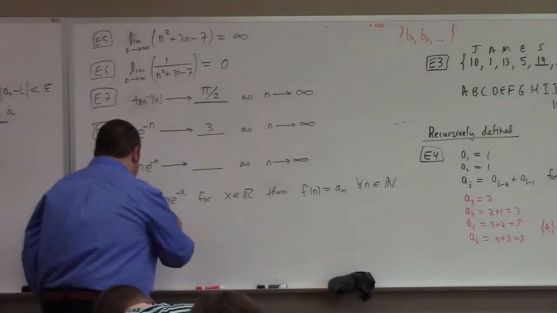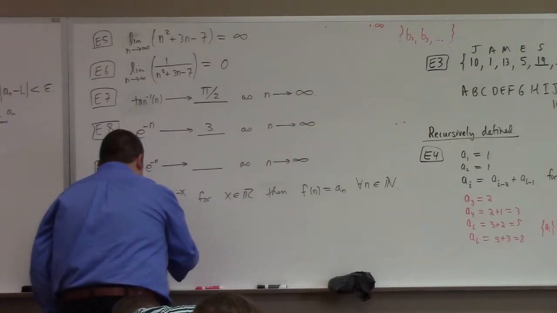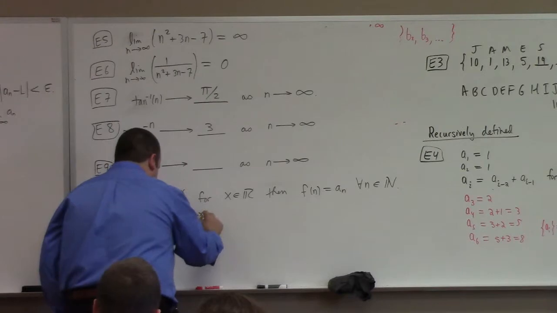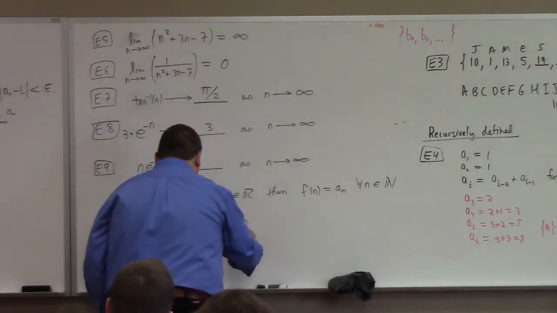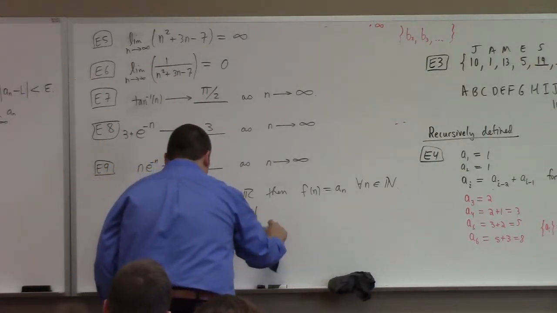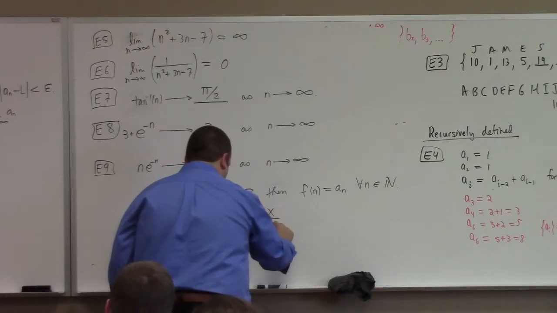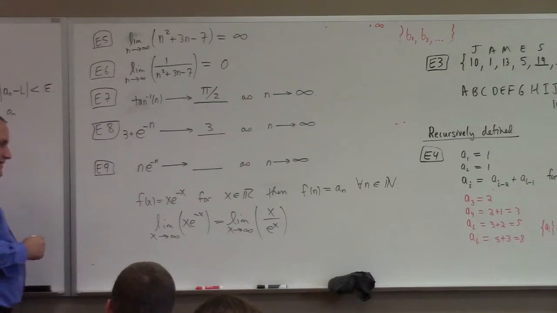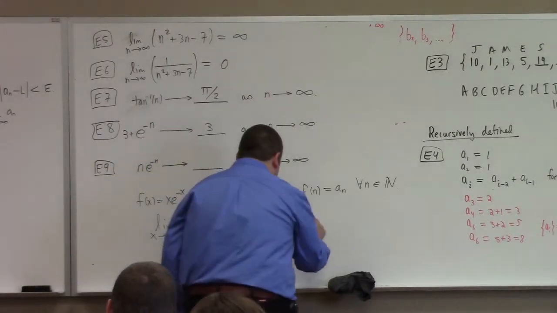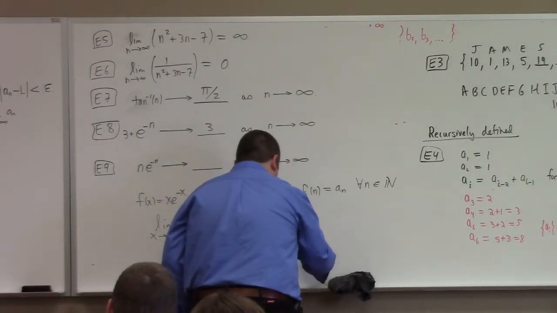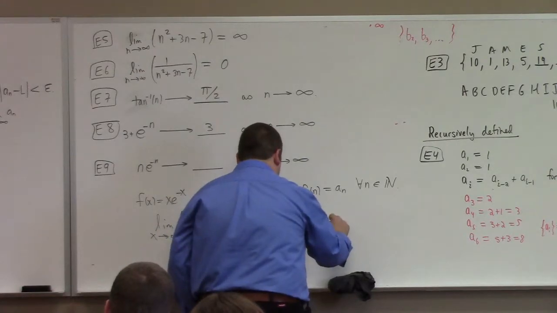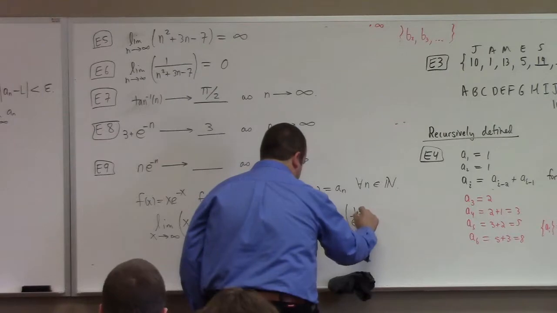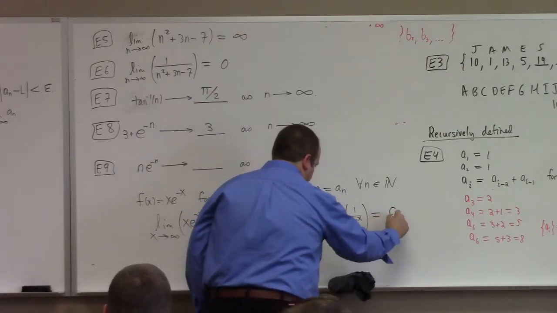And I can calculate the limit as x goes to infinity of x e to the minus x. What is it? It's x over e to the x, which then has type infinity over infinity. Which is going to give me 0.